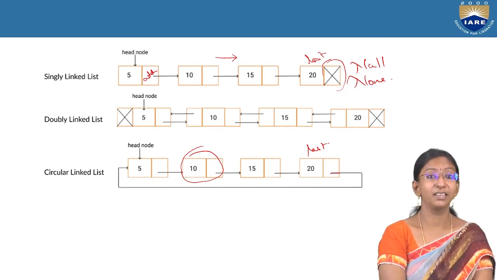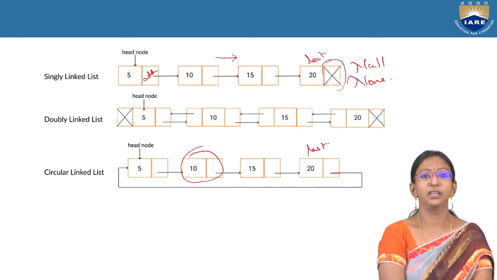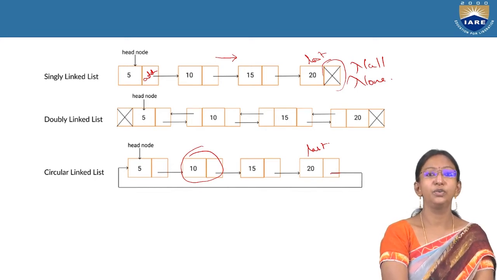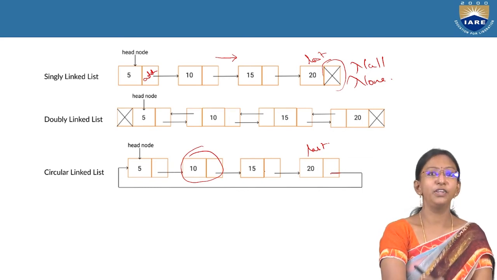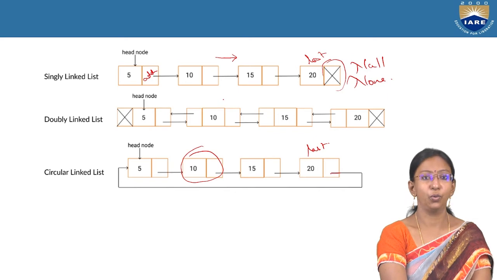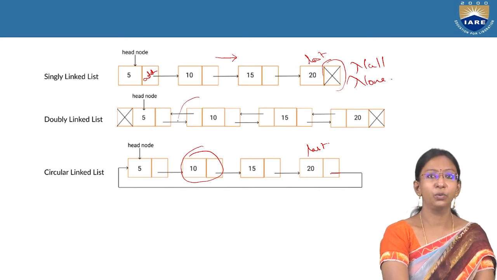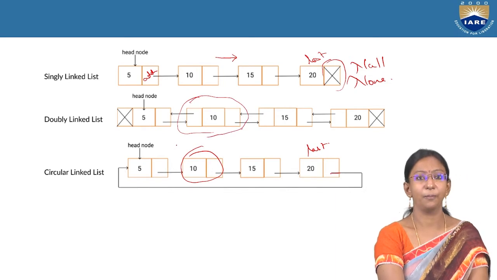But still, circular linked list suffers from the drawback which we have seen in single linked list, which is its unidirectional nature, which double linked list is going to overcome. Have a look at a node in a double linked list. It has 3 parts.